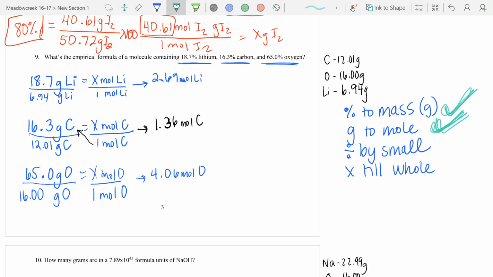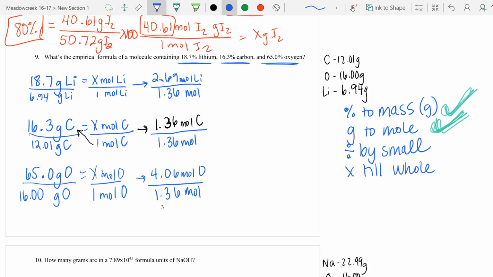Step number 2 is the hardest part. Our third step is we divide by small. So we pick the smallest of our answers, which is 1.36 moles of carbon. I'm going to divide all 3 by 1.36 moles.